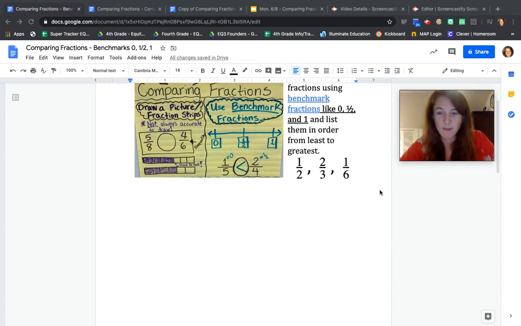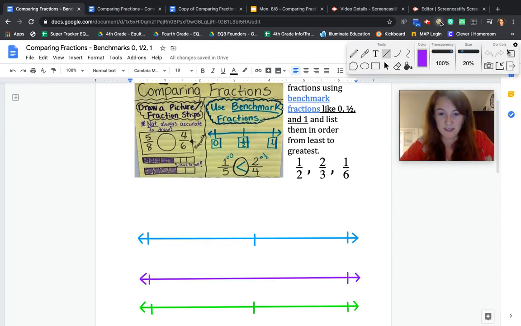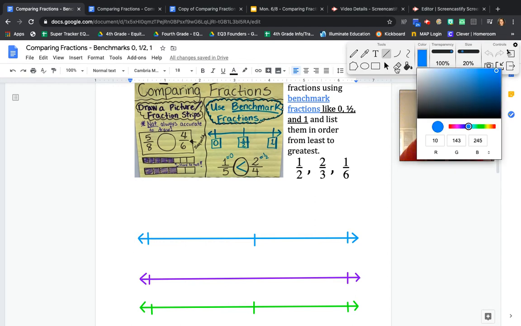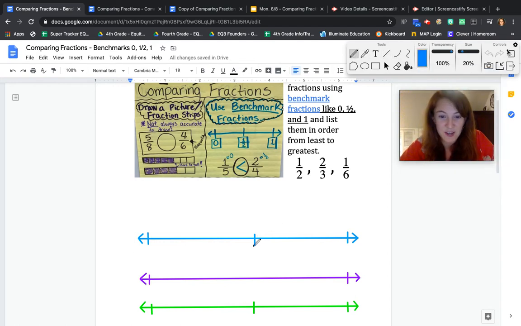Okay, I'm going to do that using number lines. So first I want to show 1/2 on a number line. Now that one's kind of easy because it's actually a benchmark fraction. So at the beginning, we're going to have this represent the 0 fraction, which for halves would be 0/2. On this end, it's going to be the whole thing.